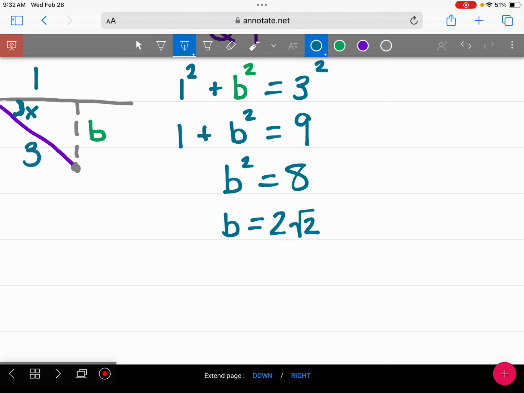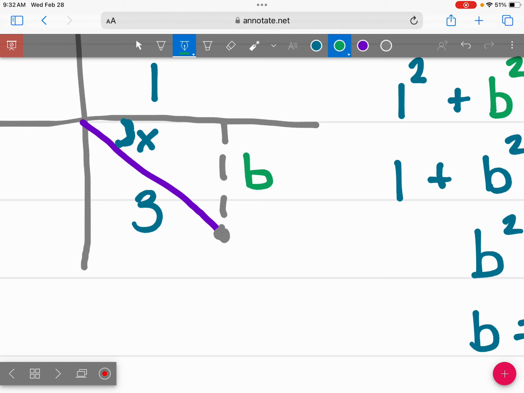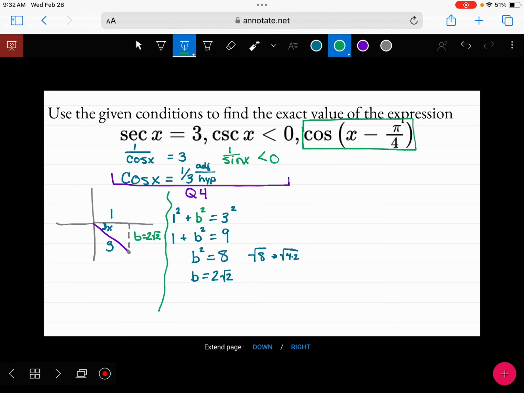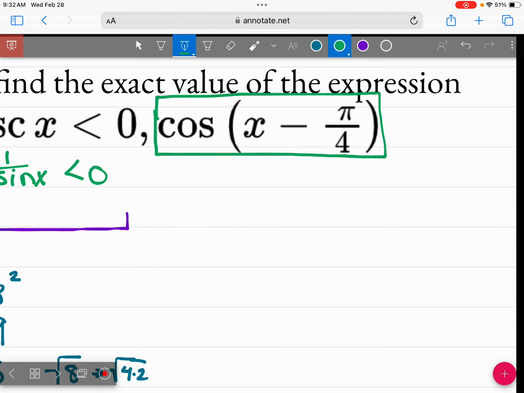Two square root of 2. We can do square root of 8. Split that up into square root of 4 times 2. 2 square root of 2. So we're going to find all of our pieces in order to evaluate the expression.